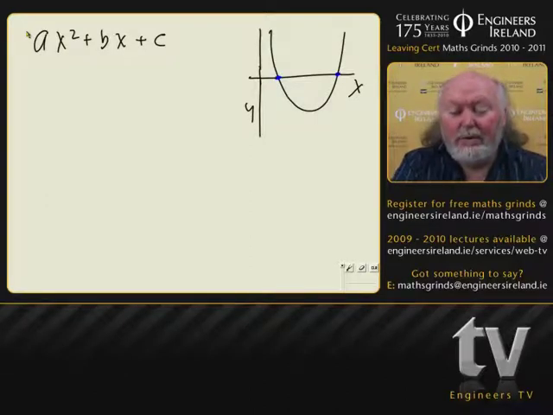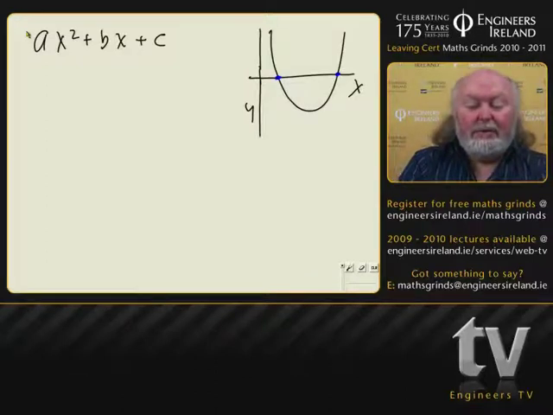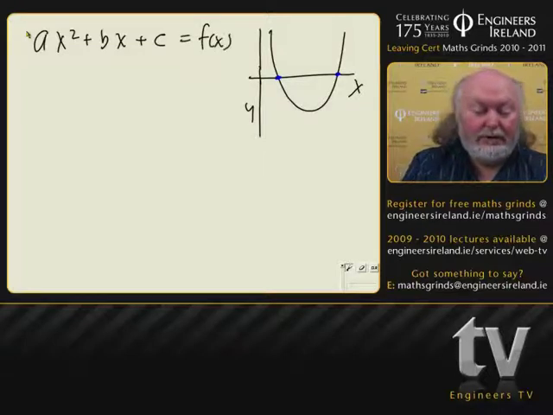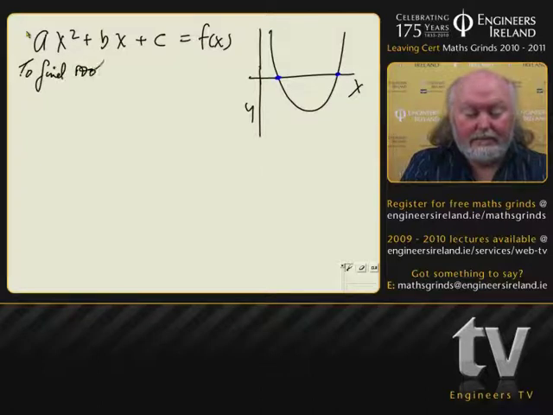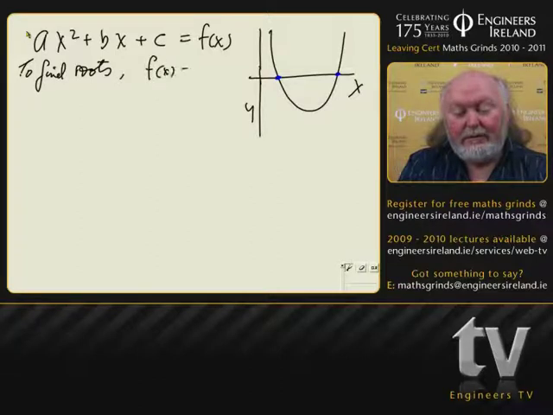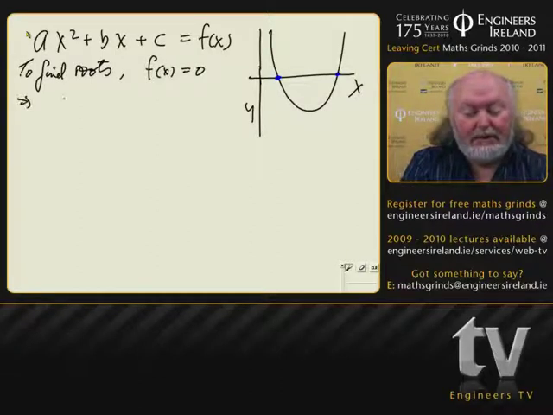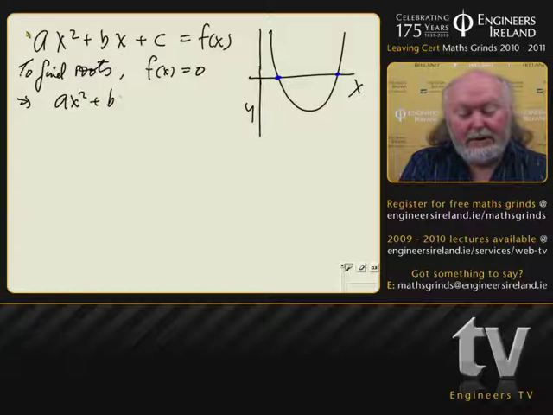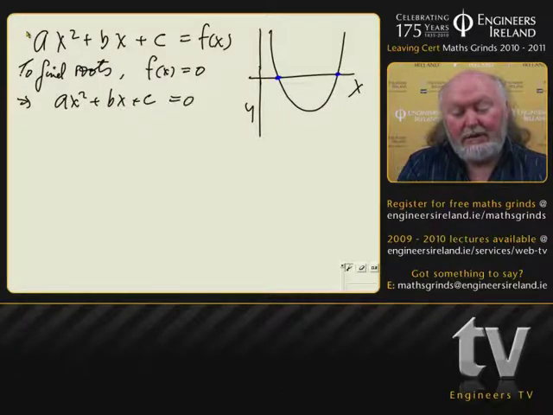We're looking for where the function has a y value of 0. That's why, if that is the function, to find the roots, we set f of x equal to 0, which implies ax squared plus bx plus c equals 0.